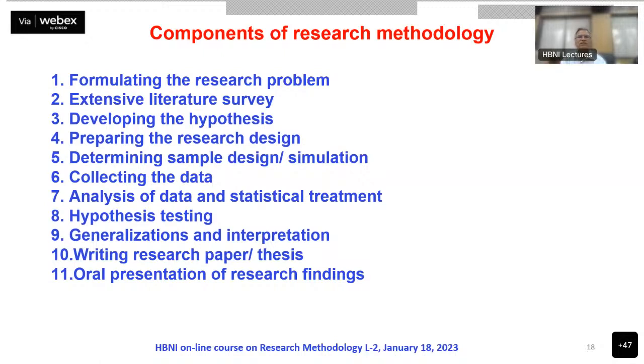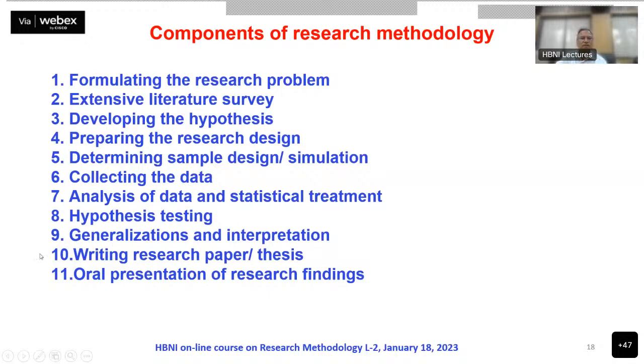Many times we see some papers where people are not writing plus minus. The moment you do a measurement, there are bound to be uncertainties associated with that measurement. So statistical treatment is a must for data analysis. And after that, you do the hypothesis testing. If it is hypothesis-driven research, then you generalize and interpret your outcome.